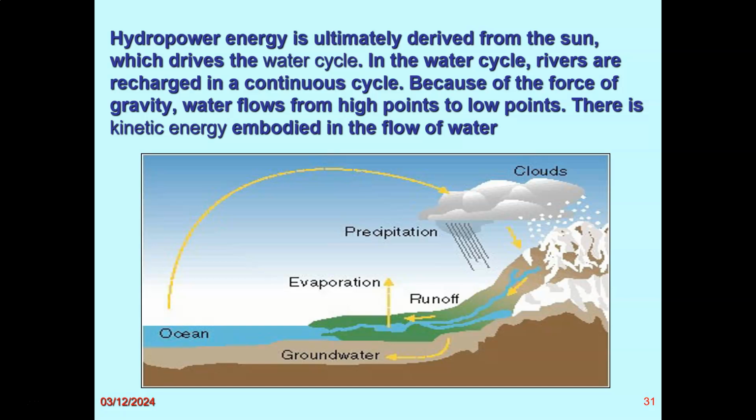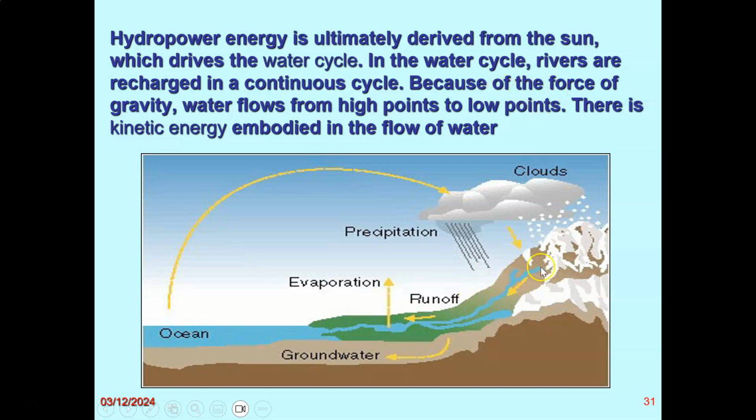Starting from this picture, the ocean evaporates to the clouds, you have the rain or snow, you have the runoff from the rivers, and then to the ocean, and then the evaporation. So it seems like a closed loop. You have a continuous cycle, which is very important, like for the wind.